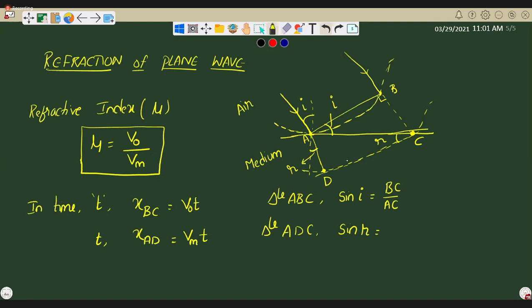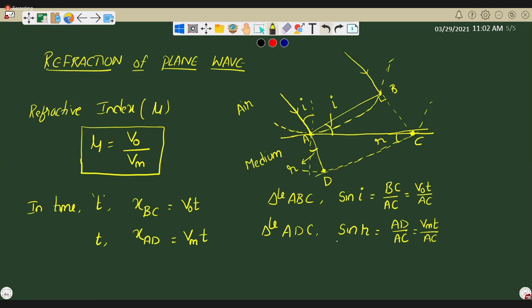Tangent means this is 90. Now tell me what is sine R? AD by AC. Correct? But what is BC? V naught t divided by AC. What is AD? Vm t divided by AC.